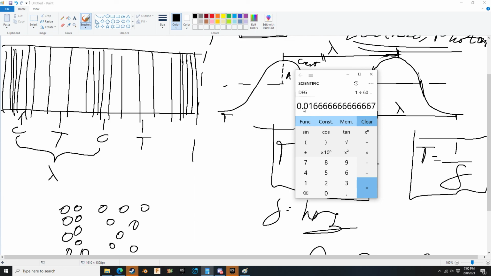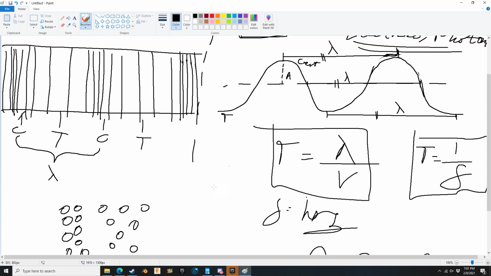So if you had one wave every 0.016 seconds, and then you did that 60 times, you'd get 1 second. Therefore, 60 waves will pass through in 1 second, with the time between each wave being this much. You can kind of think about it like that. Yeah, that will be all.